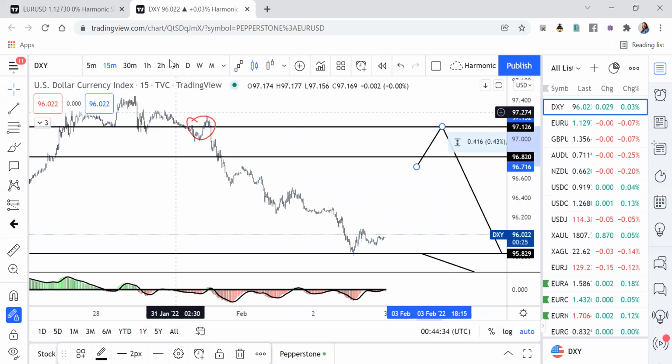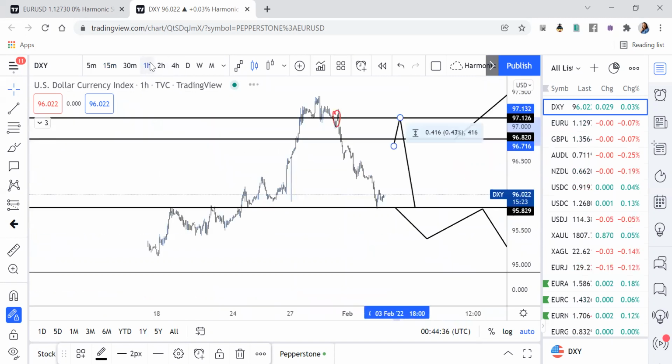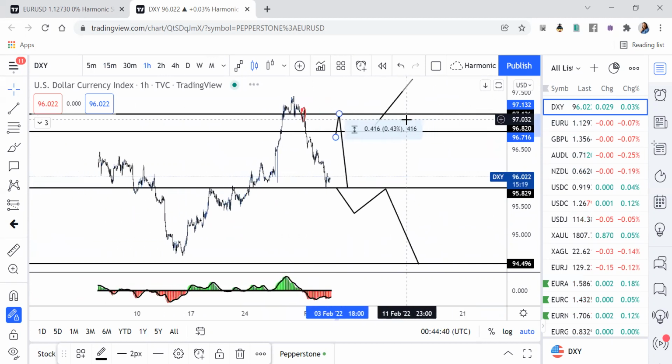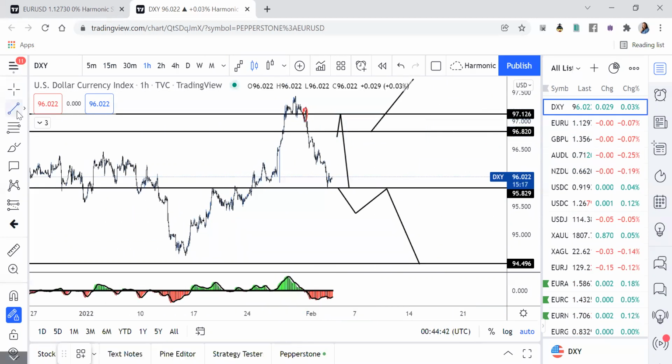If we're looking for long-term moves, then for me, price needs to give me a break of structure here. So I need a break of structure here and a retest continuation, or I need a break of structure up here, retest and continuation to the upside, breaking this high.